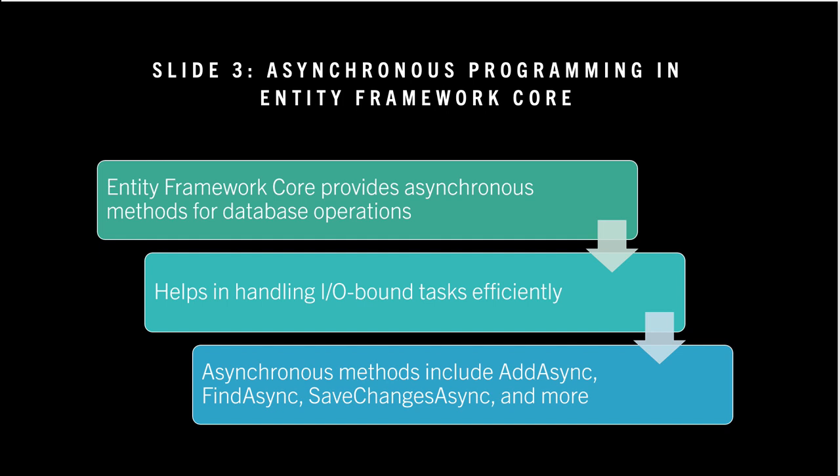Using these methods helps to handle I/O-bound tasks more efficiently, such as database query, insert, update, and deletion. Some of the common asynchronous methods provided by EF Core include AddAsync, FindAsync, and SaveChangesAsync, and more.